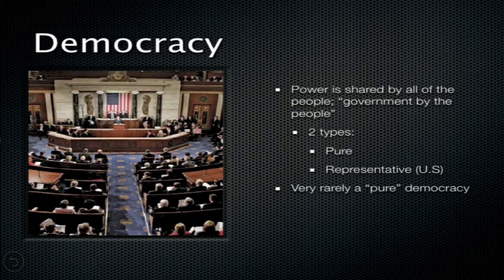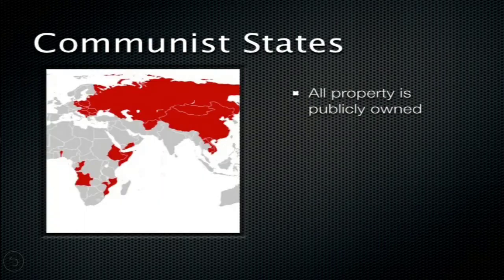Very rarely is there a pure democracy. Our country is following a pure democracy, which means that our country is following all the norms and conditions which a democratic country should have. We elect representatives, and the example is the United States.